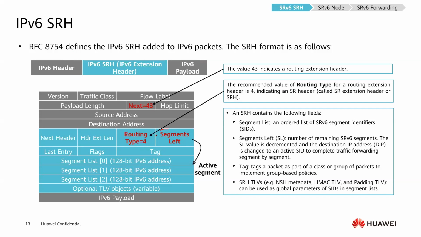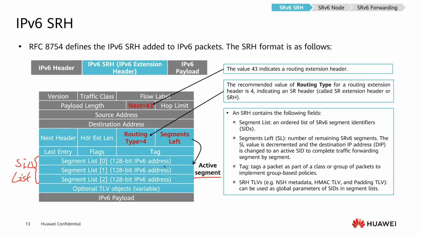Okay, the very important thing here is the segment left. The segment left is a number, an indicator. For example, if segment left is 2, it means the destination IP address is this. If segment left is 1, the packet destination is going to here. So this segment left can activate the segment. And this part is the segment ID list.